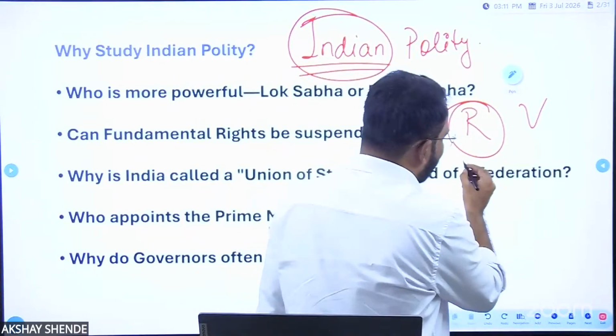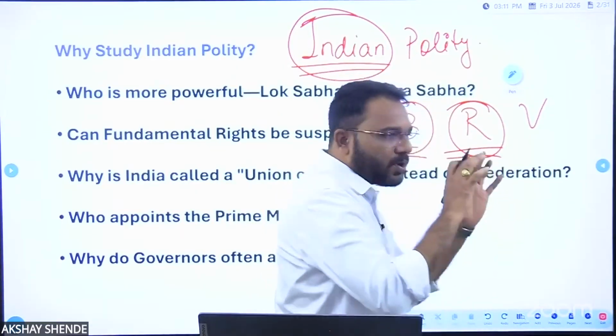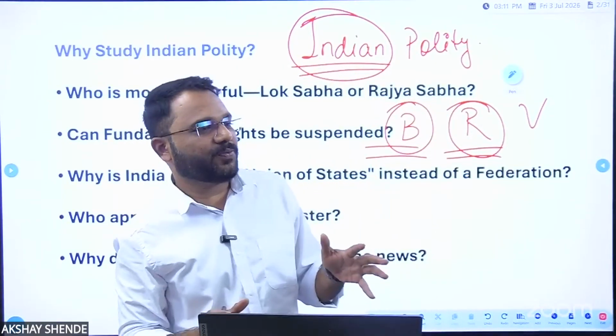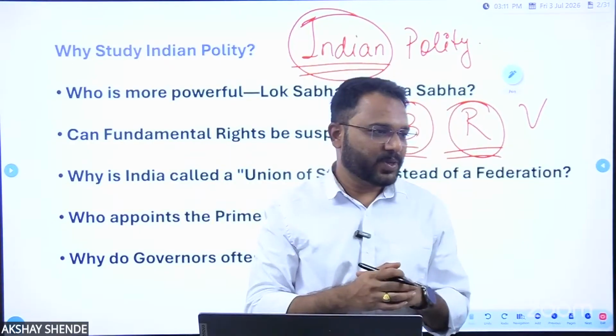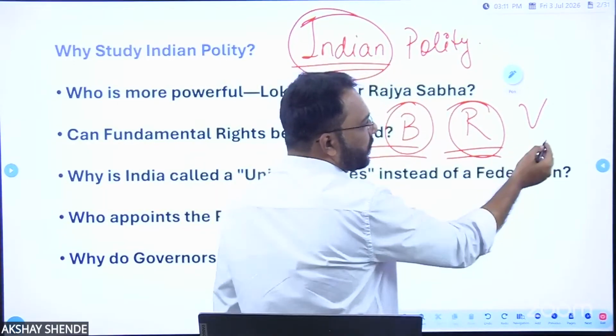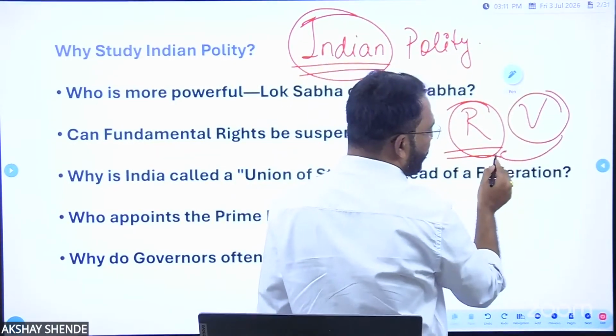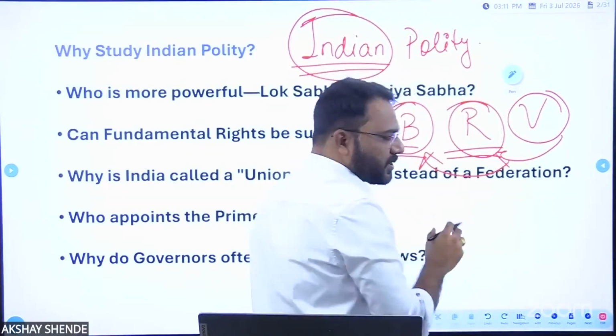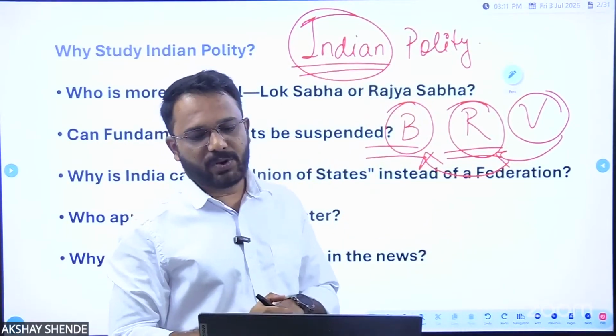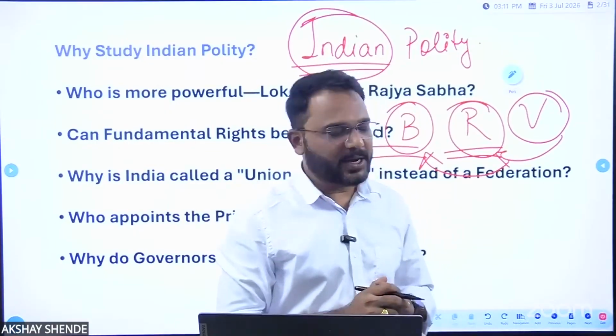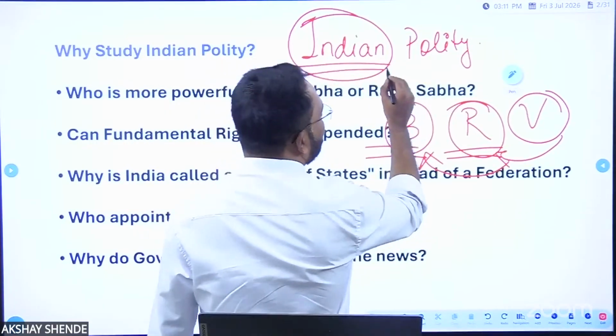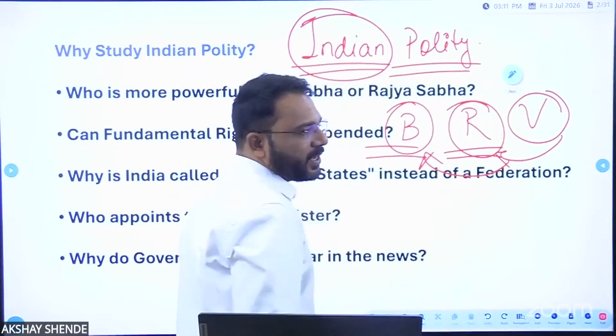Rajya means the overall system by which this country is run, and the system which allows these overall procedures to be conducted swiftly and smoothly. So this is the meaning of the term Indian polity.